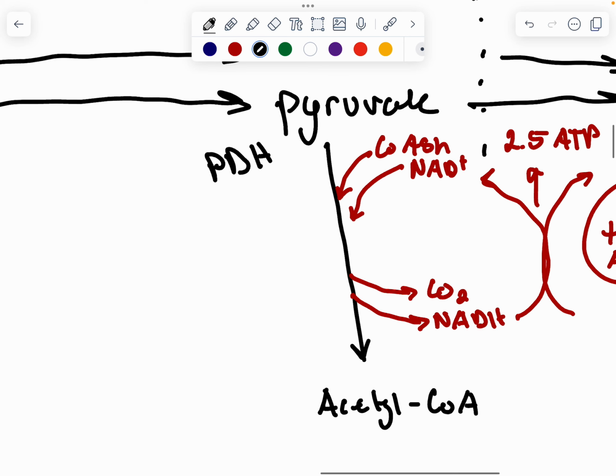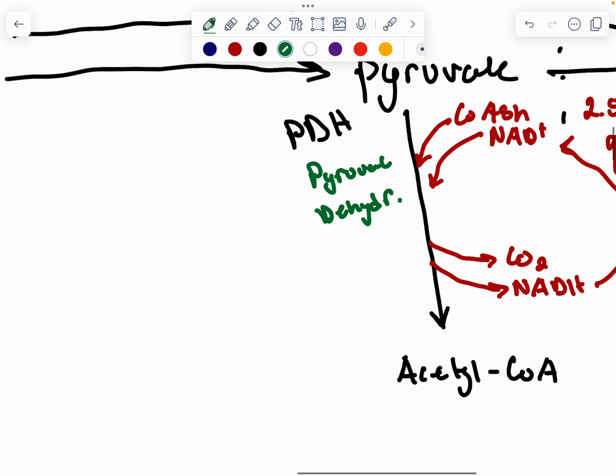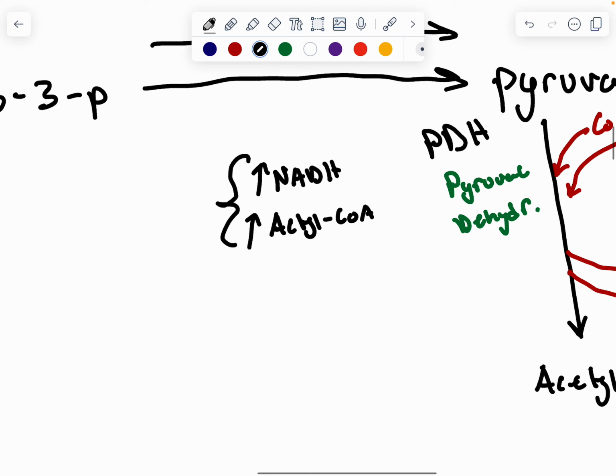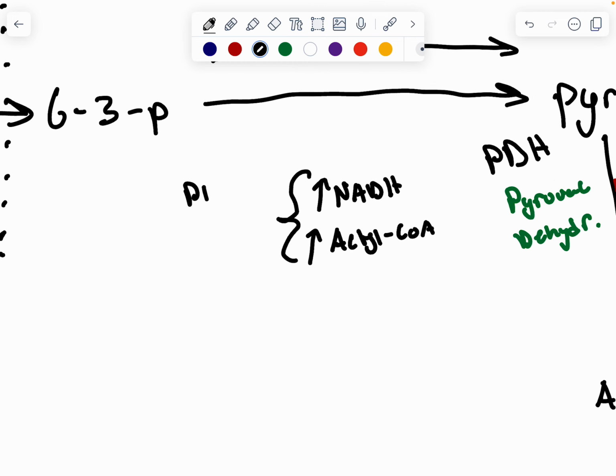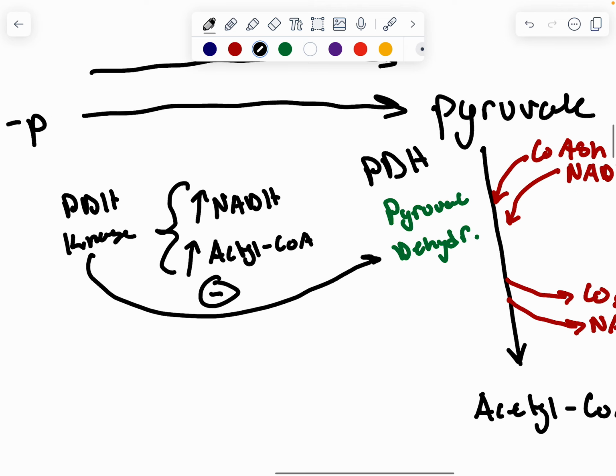PDH. And if you remember, I'm going to put the abbreviated pyruvate dehydrogenase acts on there. And if we remember, high levels of NADH or high levels of acetyl-CoA are going to activate PDH kinase, and that PDH kinase is going to be a negative modulator for pyruvate dehydrogenase right there.